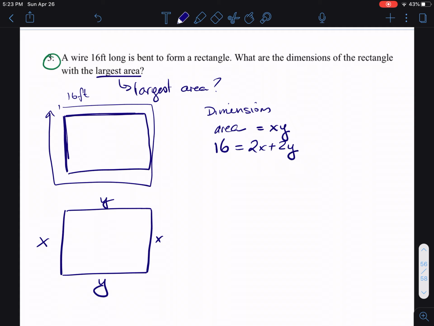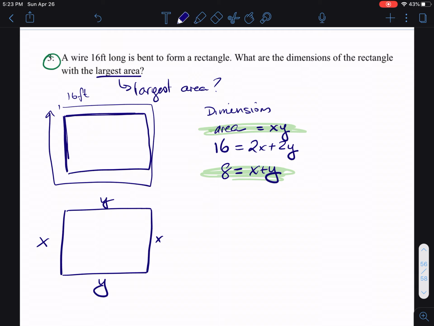Or better yet, we can write it in a simpler form, because if we just go halfway around, then x plus y is 8. So we know a few things here. We know the area is xy, and we know that x plus y is 8. And we want to maximize the area. We want to look at the dimensions while maximizing the area.